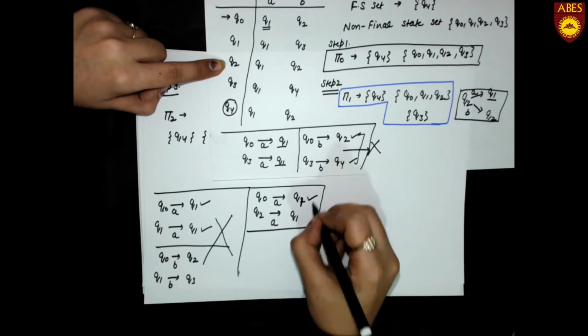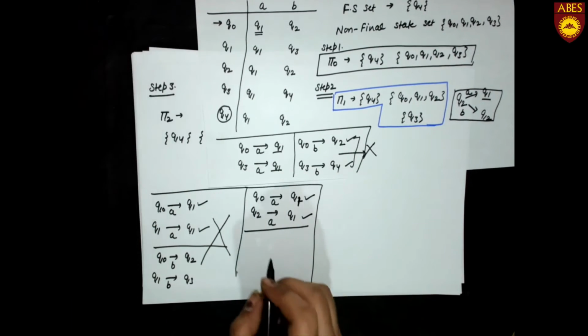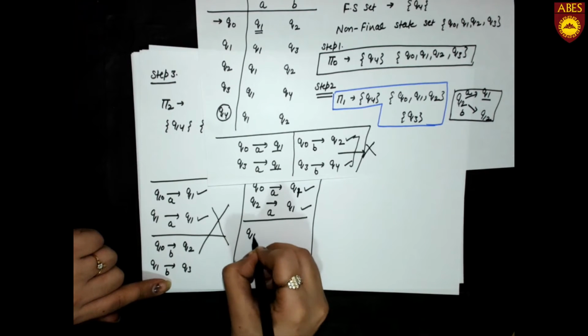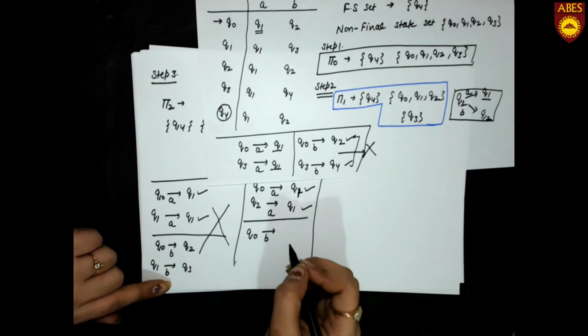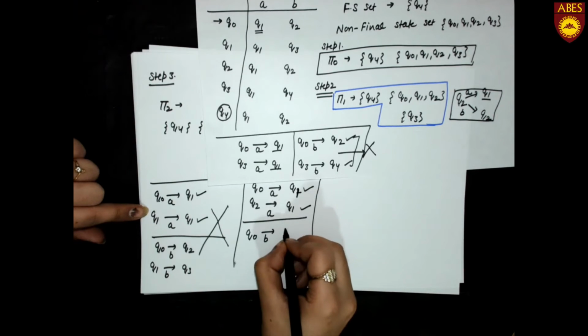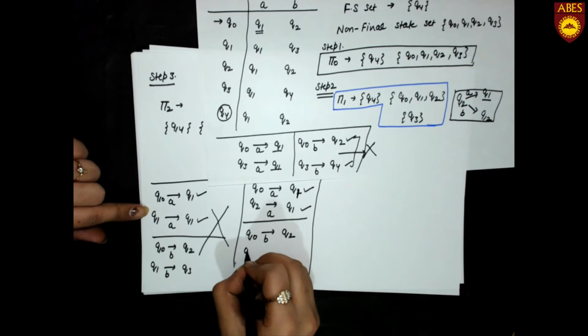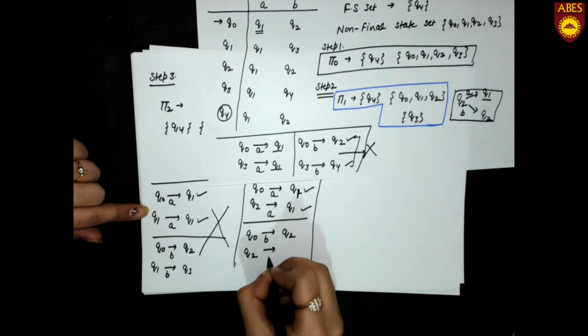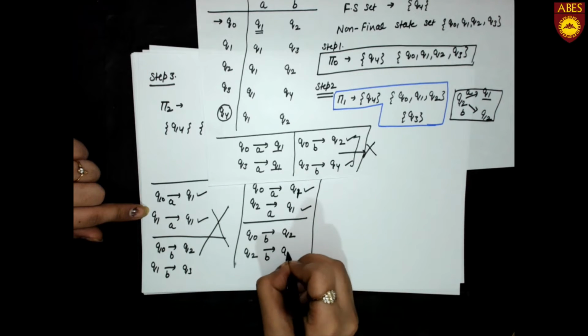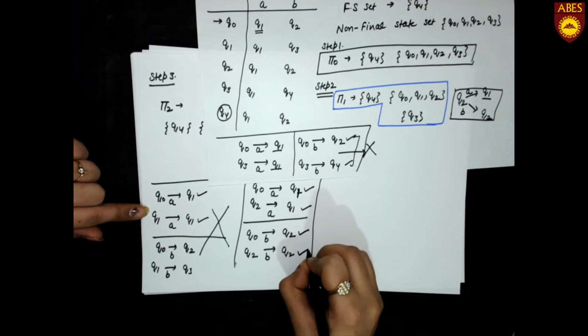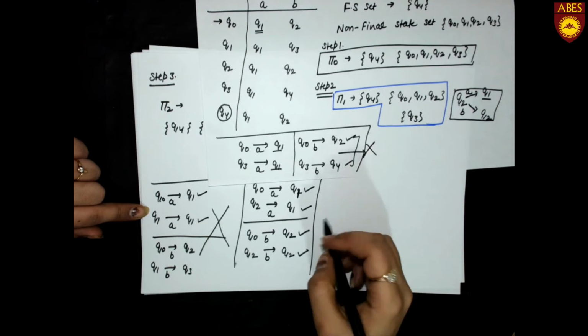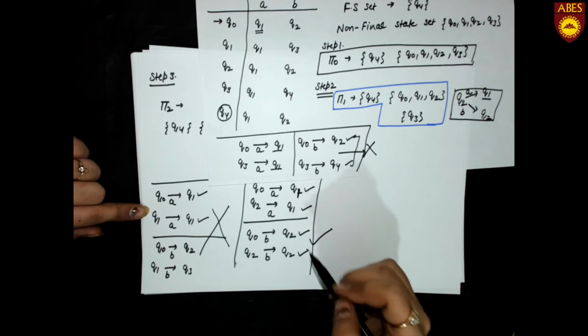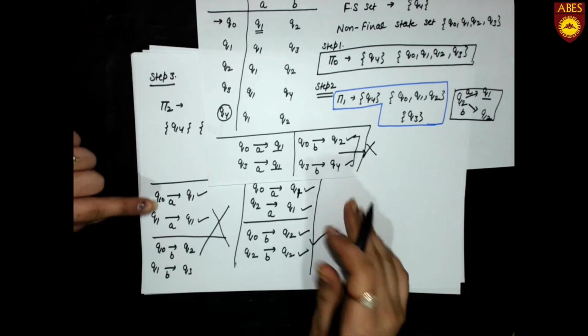So Q1 and Q1 both lie in the same set. Next, Q0, when we apply input B, output is Q2. And in case of Q2, when we apply input B, output is Q2. So Q2 and Q2 are in the same set. So there is a relationship between Q0 and Q2.